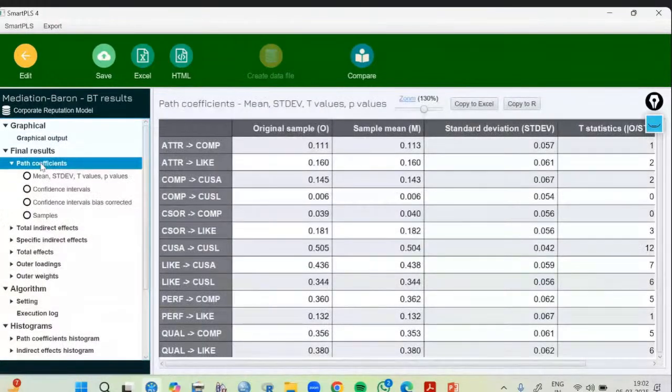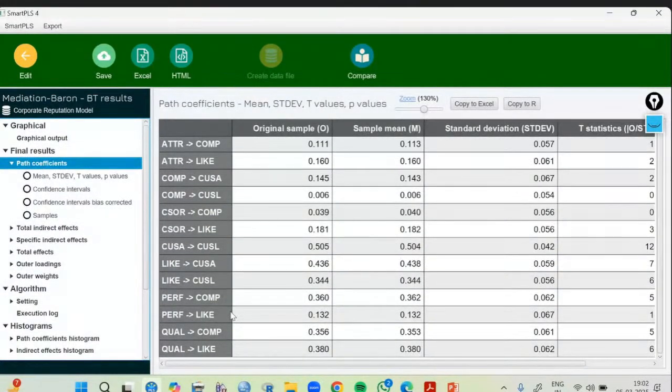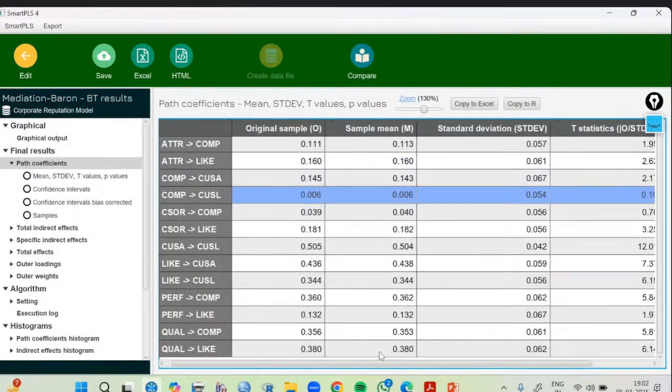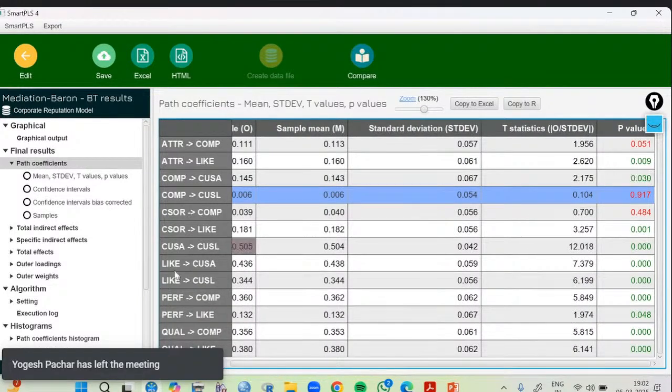direct effect of competence and customer loyalty. So the direct effect, competence and customer loyalty, it is not significant.